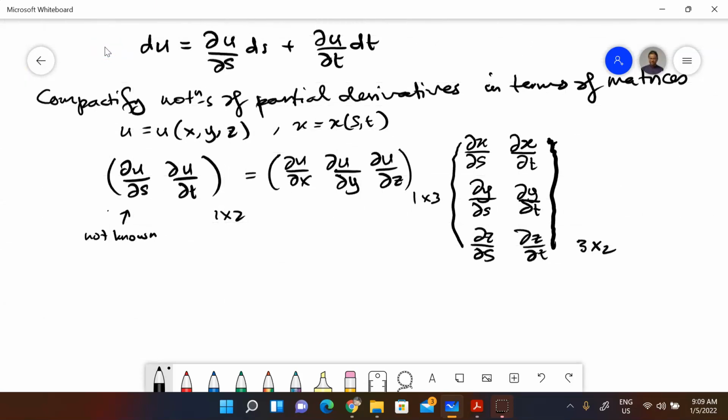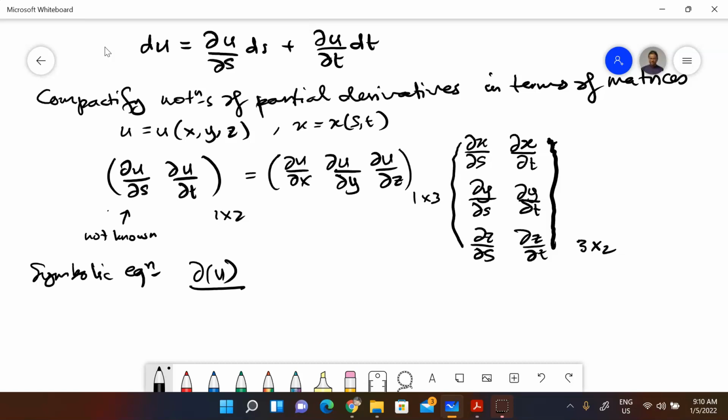What is convenient about this is you can even compactify this further into a symbolic equation, just to remember what you're doing. So you have a function of concern which is u in a bracket.